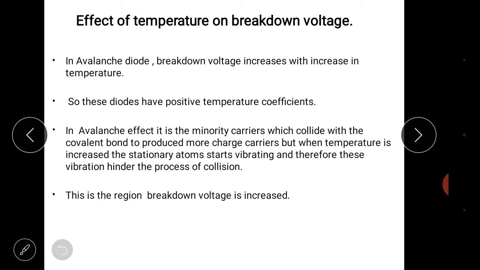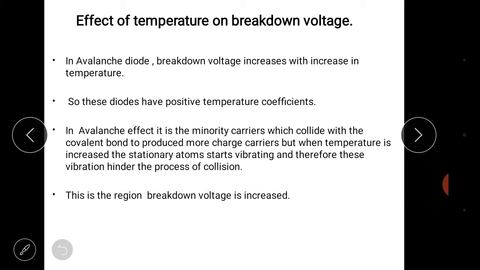Now the effect of temperature on the breakdown voltage in case of avalanche breakdown. In avalanche diode, breakdown voltage increases with increase in temperature. So these diodes have positive temperature coefficients. In avalanche effect, it is the minority carriers which collide with the covalent bond to produce more charge carriers.